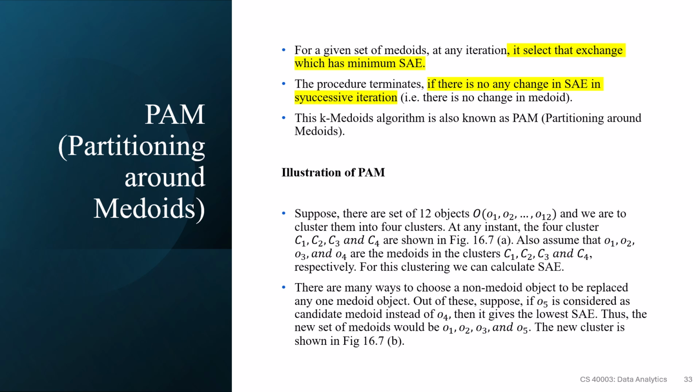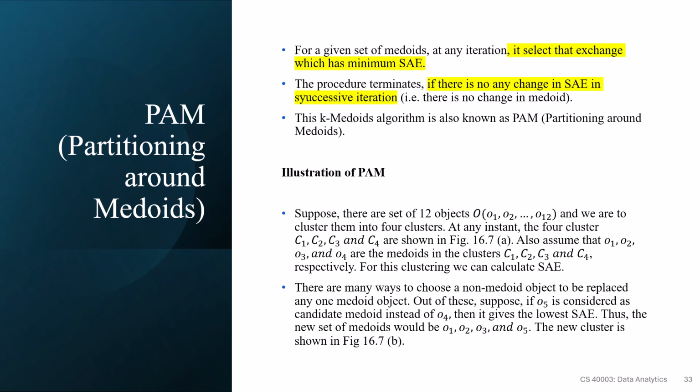So, an illustration of partitioning around medoids. Suppose there are 12 objects, capital O of O1, O2, O3 up to O12, and we are to cluster them into 4 different clusters. At any particular instant, there are 4 clusters, C1, C2, C3, and C4, shown in the following screen. Also assume O1, O2, O3, O4 are the medoids of the clusters C1, C2, C3, and C4 respectively.